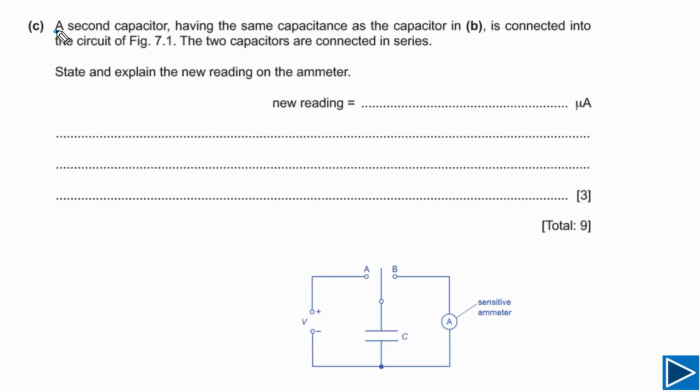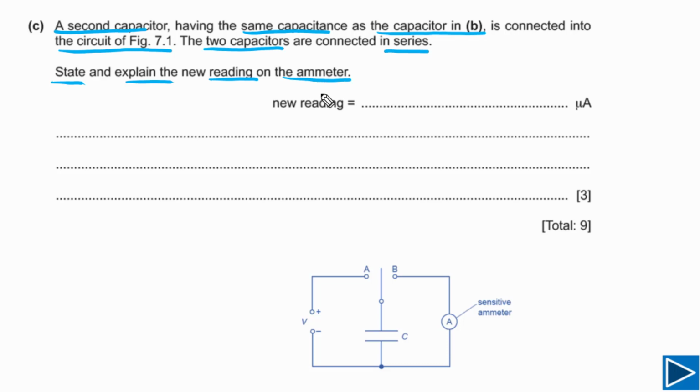For part C, it is given to us a second capacitor having the same capacitance as the capacitor in part B is connected into the circuit of figure 7.1. The 2 capacitors are connected in series. We need to state and explain the new reading on the ammeter.